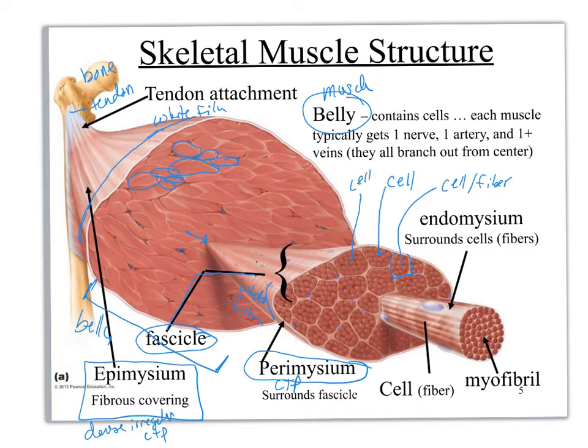Around each one of these is, again, white film. That is the endomysium. Then within the cell, I have these round things here. These round things are called myofibrils, and they are the organelle for contraction. But I can also see here and here the nucleus. And I can see here and here and here and here the light bands and the dark bands for those striations. Okay? All right.